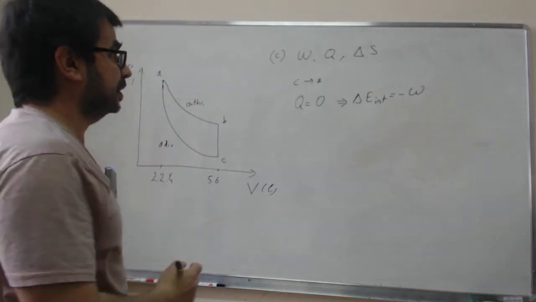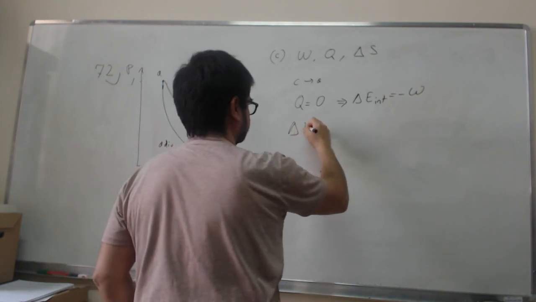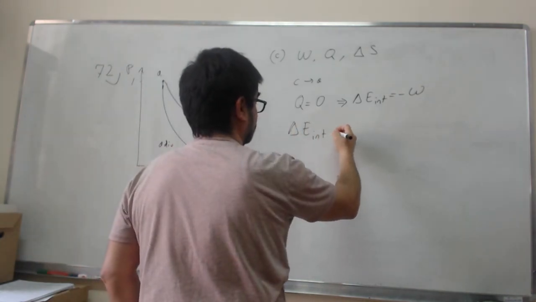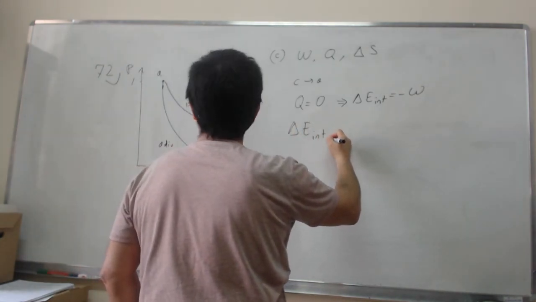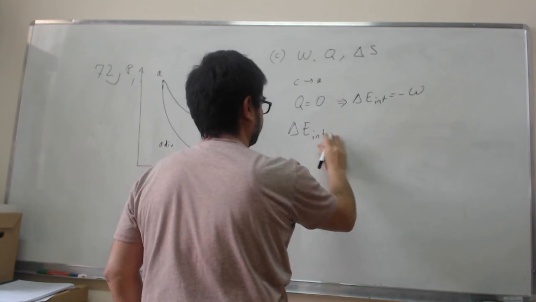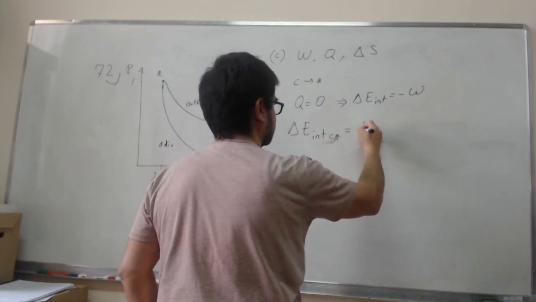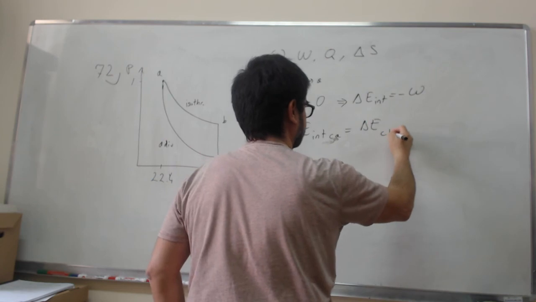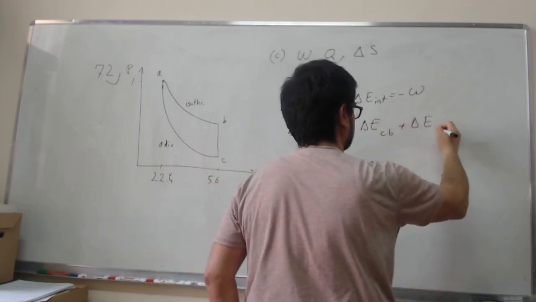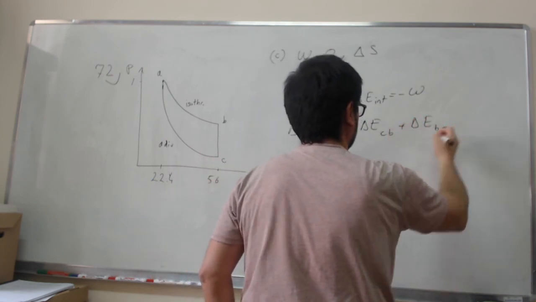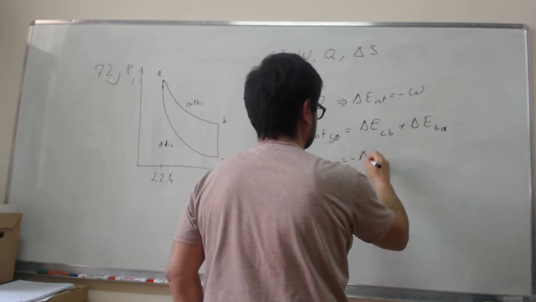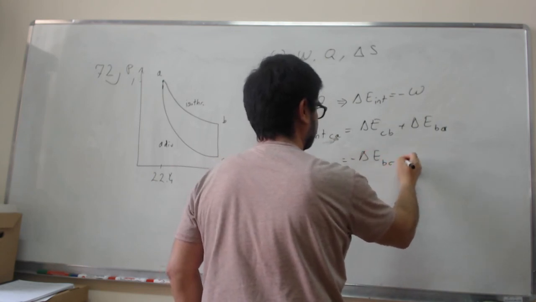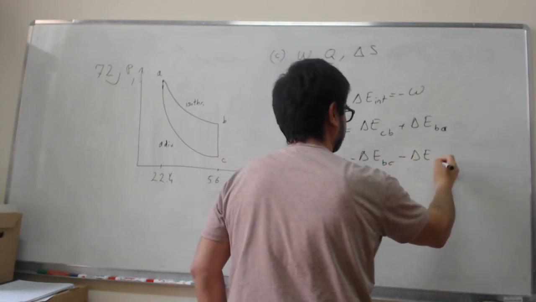But the change in internal energy going from C to A is the change in energy going from C to B plus the change in energy going from B to A. And these are just minus delta E from B to C minus delta E from A to B.